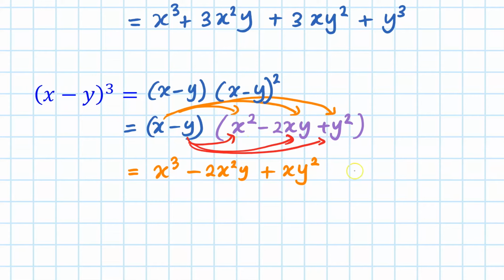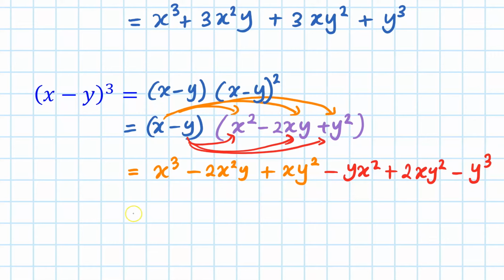Y times x squared, yx squared, but negative, because you have a negative sign here and a positive here. Multiply those two gives you negative. Negative y times negative 2xy, that becomes plus, positive. Y times y squared, hence we would have 2xy squared. Negative y times y squared, y cube, but negative.